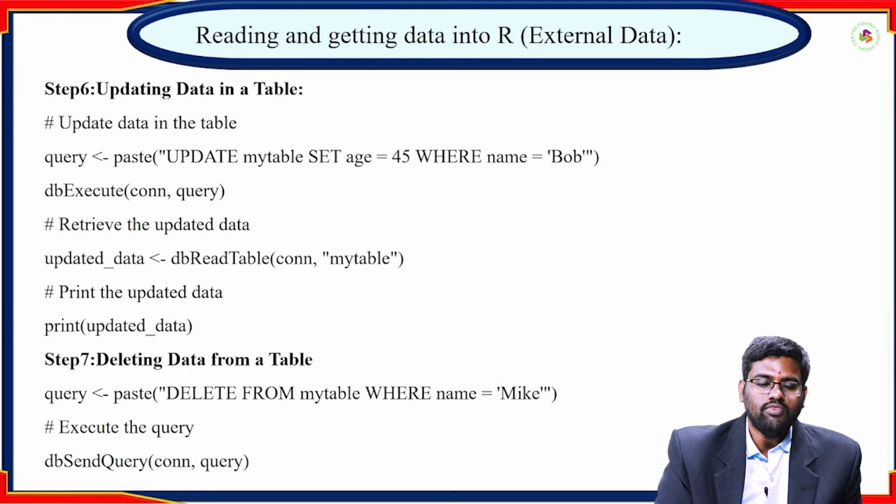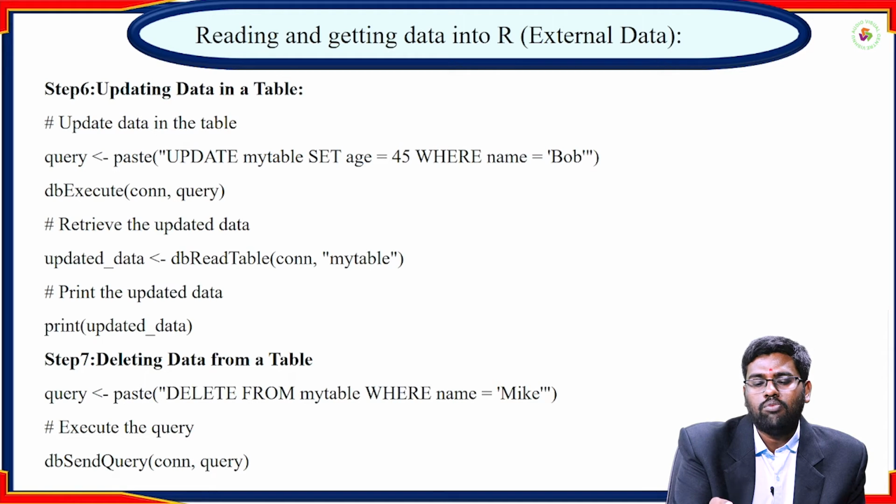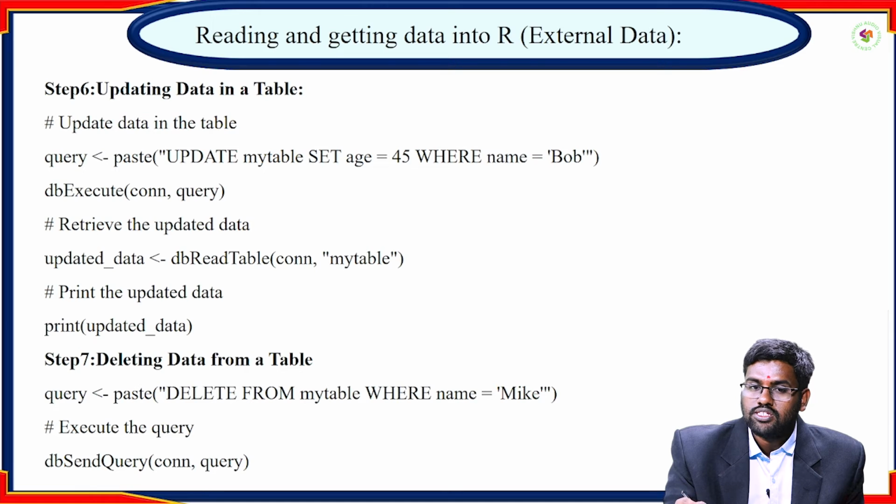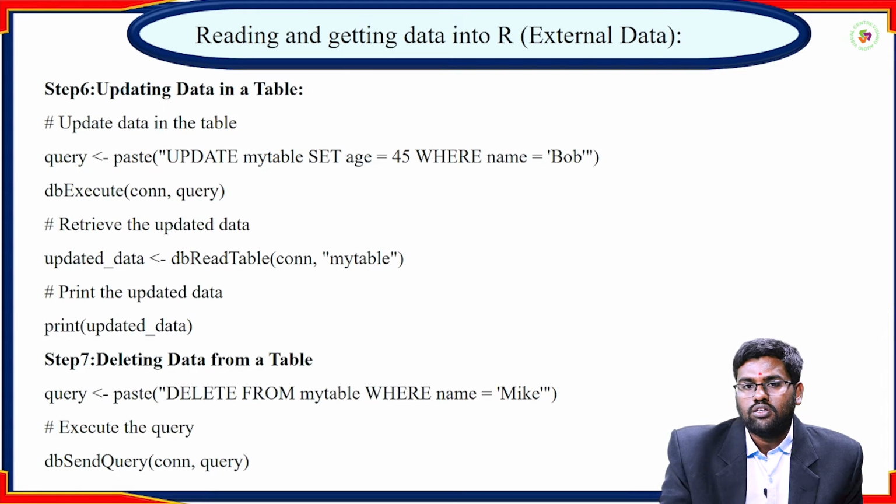Next, I want to update the data in the table. For that, for example, if I want to update a particular value with some name, I take UPDATE my table SET age is equal to 45 WHERE name is equal to Bob. So what happens here? For the name equal to Bob, we need to update the age with 45.